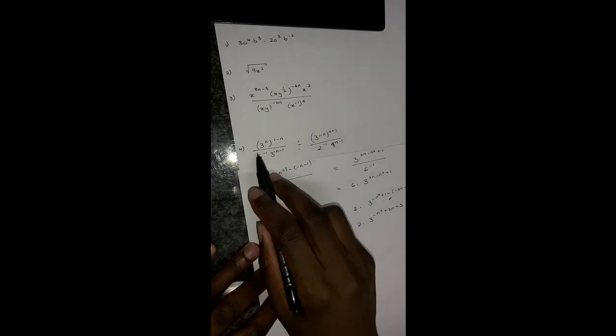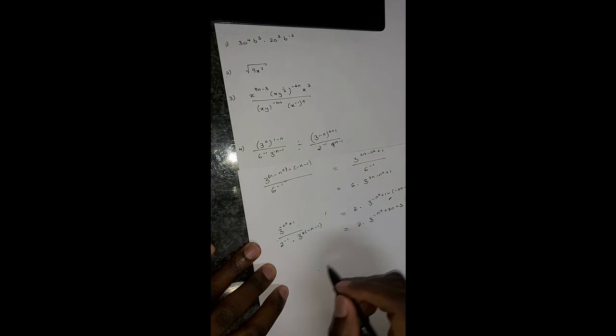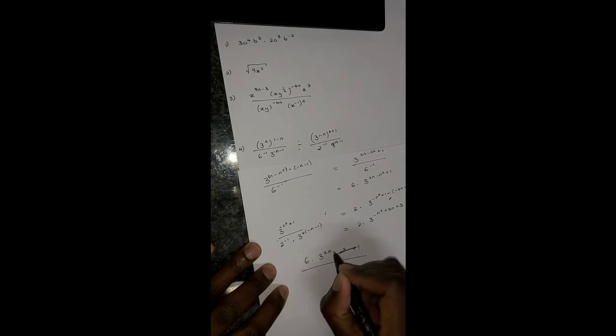Like that. Okay, so now to put it back in our original function, it's going to be 6 times 3 to the 2n minus n squared plus 1 over 2 times 3 to the negative n squared plus 2n plus 3.